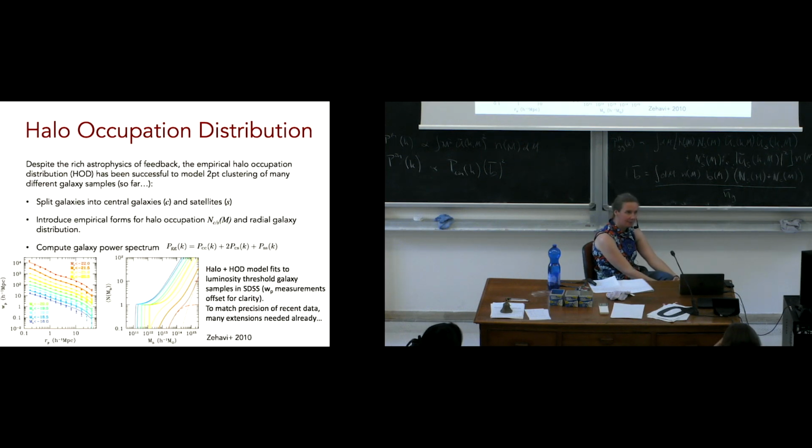A lot of recent analyses are starting to bypass the need for a halo model altogether. They generate N-body mocks or N-body simulations, identify halos, and then use an HOD to populate those halos and measure the power spectra directly from the simulations. That is something that has only become possible rather recently.